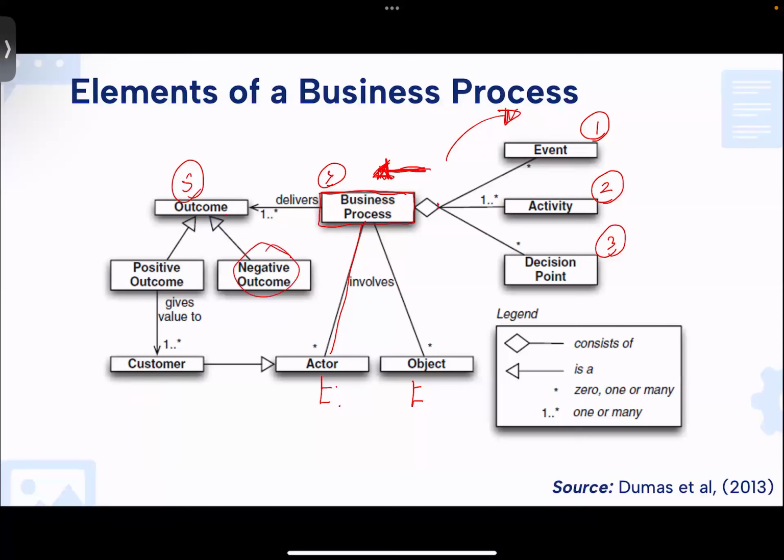If it is a negative outcome, we are not going to deliver it to the customer, which means we are not going to deliver value to the customer. If it is a positive outcome, we are going to deliver it to the customer. So this is the connection between the elements of a business process.